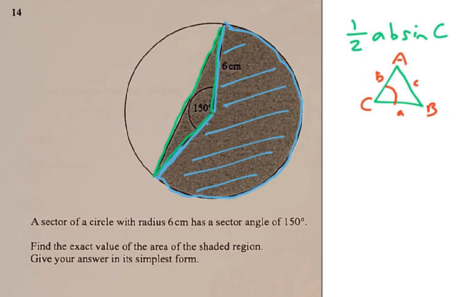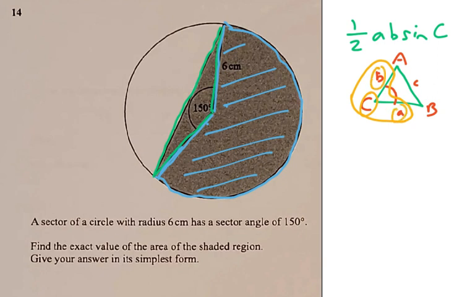For the triangle, we need the area of a triangle formula, which you're given in the exam, in the formula sheet at the front. Really, all you're looking at here is using a trapped angle, where you've got an angle, in my example C, trapped by two sides, B and A, on either side of it.